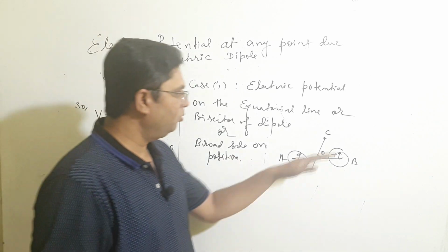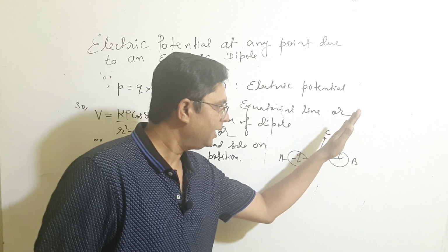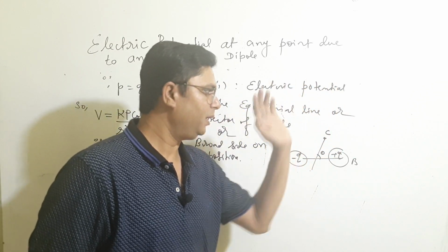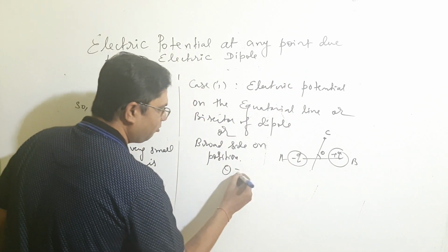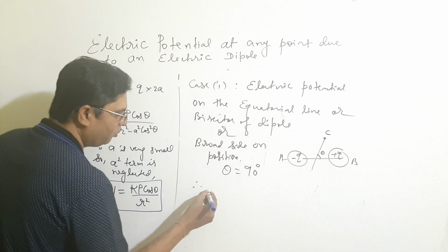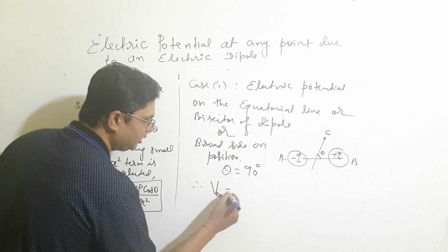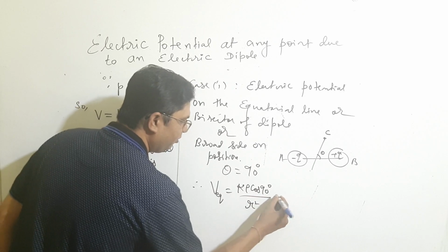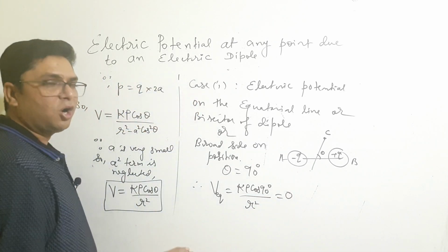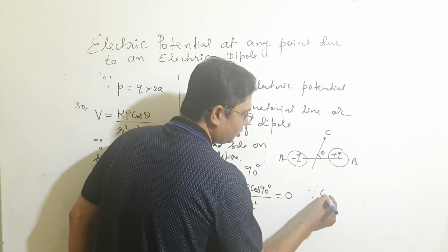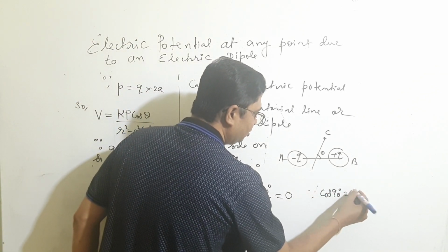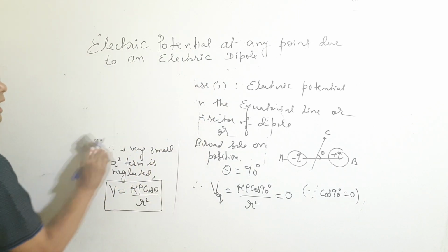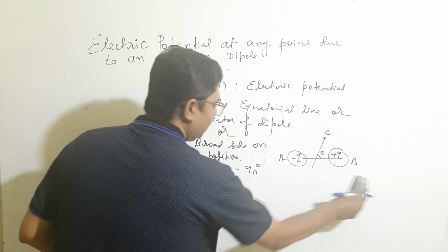Here you have to slowly move this point C from this angle until it becomes perpendicular on AB. So here theta is equal to 90 degree, therefore V equatorial is equal to Kp cos 90 degree upon R square, which is equal to 0 because cos 90 degree is 0. Thus you have learned electric potential at any point due to an electric dipole.